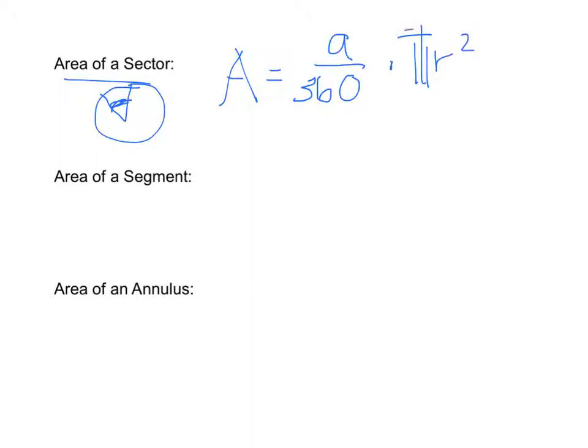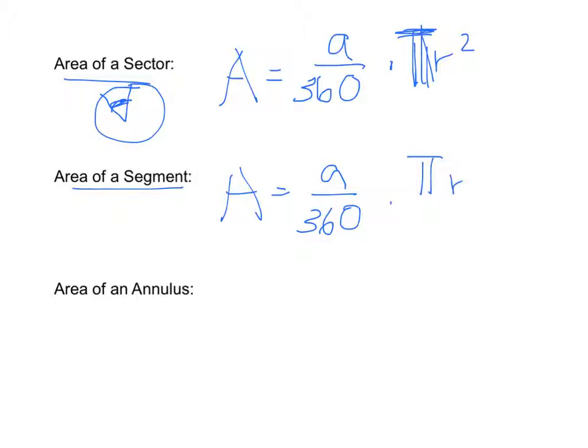That's your first formula. The area of a segment is going to be, again, A divided by 360 times pi r squared minus 1/2 BH.